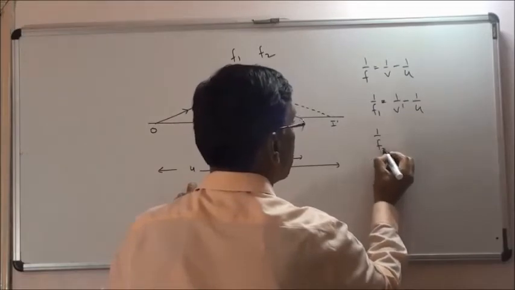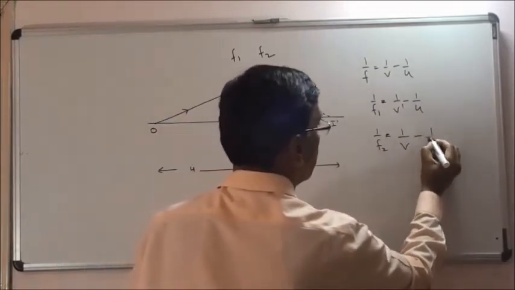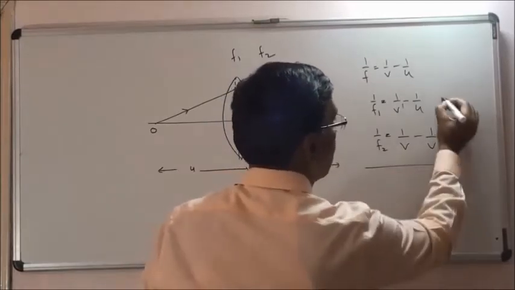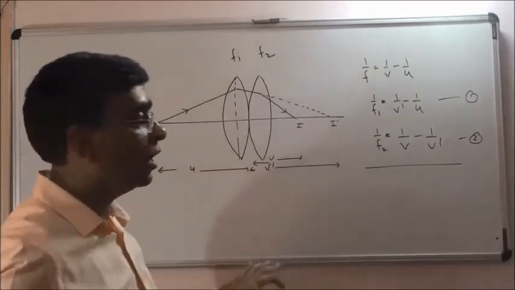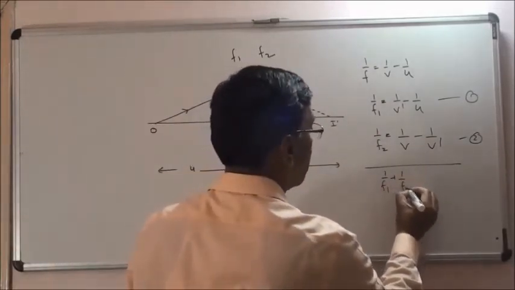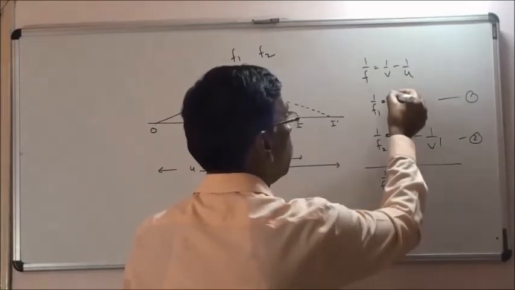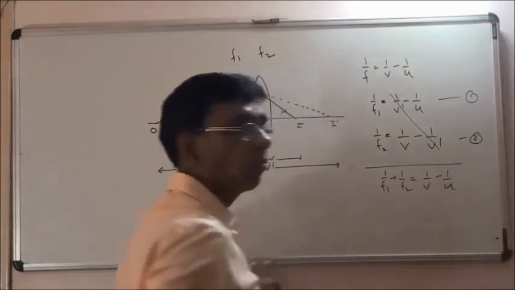For the second lens it will be 1 by f2, what is v? V is finally v actually, and u is v dash. We have used this separately for both the lenses. Now add them. What will we get? 1 by f1 plus 1 by f2 is equal to, these two terms will cancel out, 1 by v minus 1 by u.